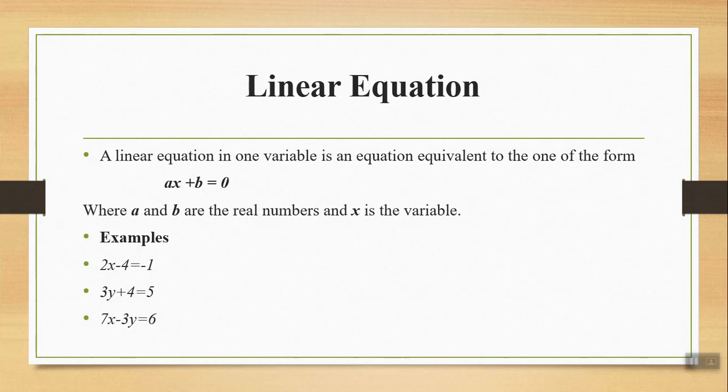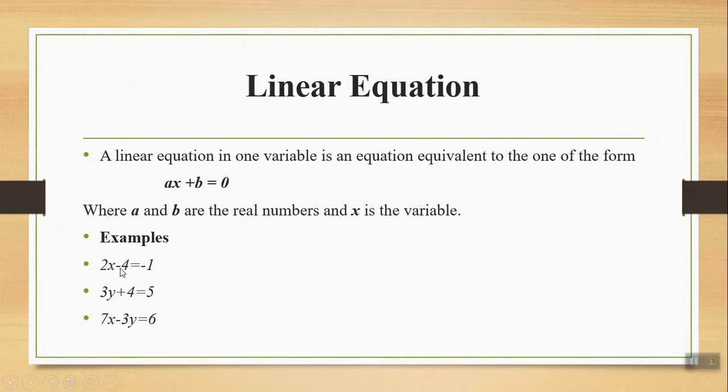That means a linear equation having degree or power 1 is called the linear equation. Here you can say that x is the variable, a and b are the constants. Here are a few examples. The first one is 2x minus 4 equals to minus 1.